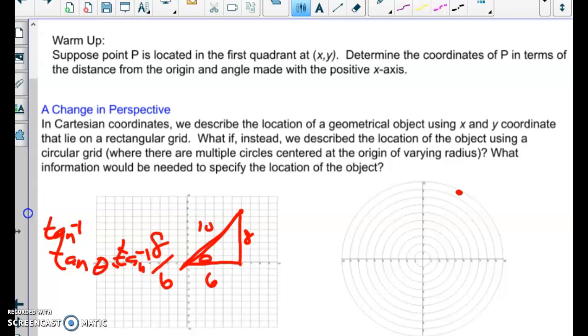So if I'm graphing the same point over here, I know the distance from the origin is 10, and my angle up from the horizontal is 53.1. So instead of doing the x, y thing, we can do the distance and angle from the horizontal. And that's how polar coordinates exist.